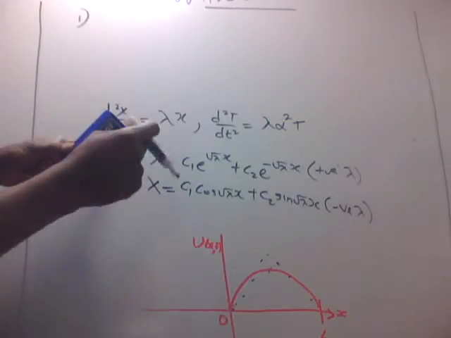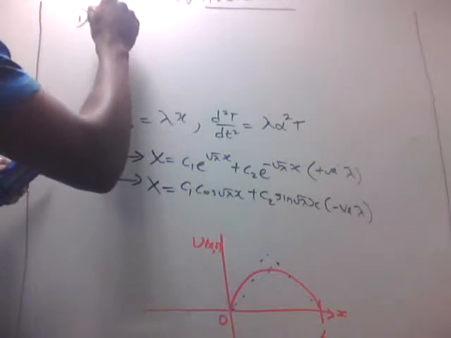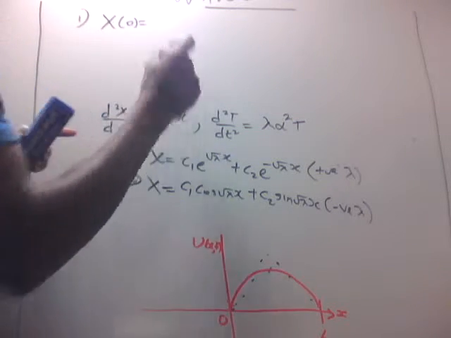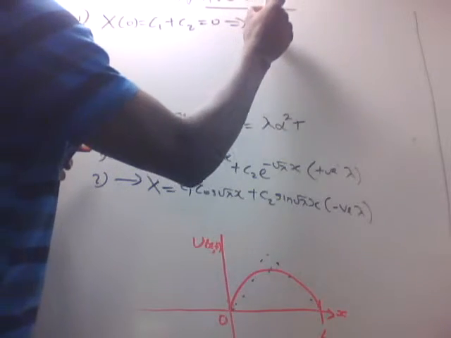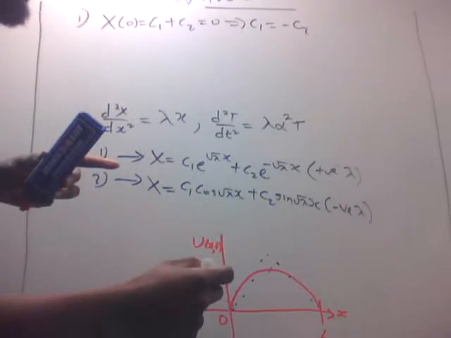Okay, so now going back to this equation here, if I plug in x at 0, I get c1 plus c2 equals 0. It tells me c1 equals negative c2.